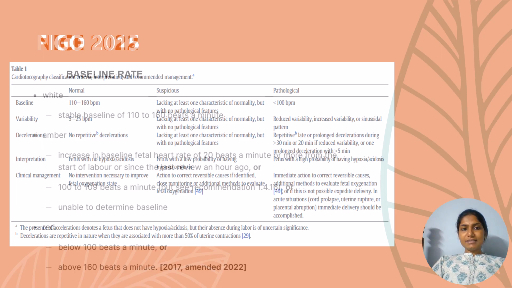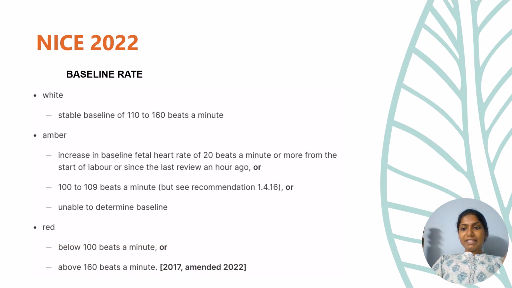And the last important, a very recent guideline, was by RCOG, that is the NICE Intrapartum Monitoring Guideline, which was amended in 2022. The first guideline was in 2017 and it was amended again in 2022.